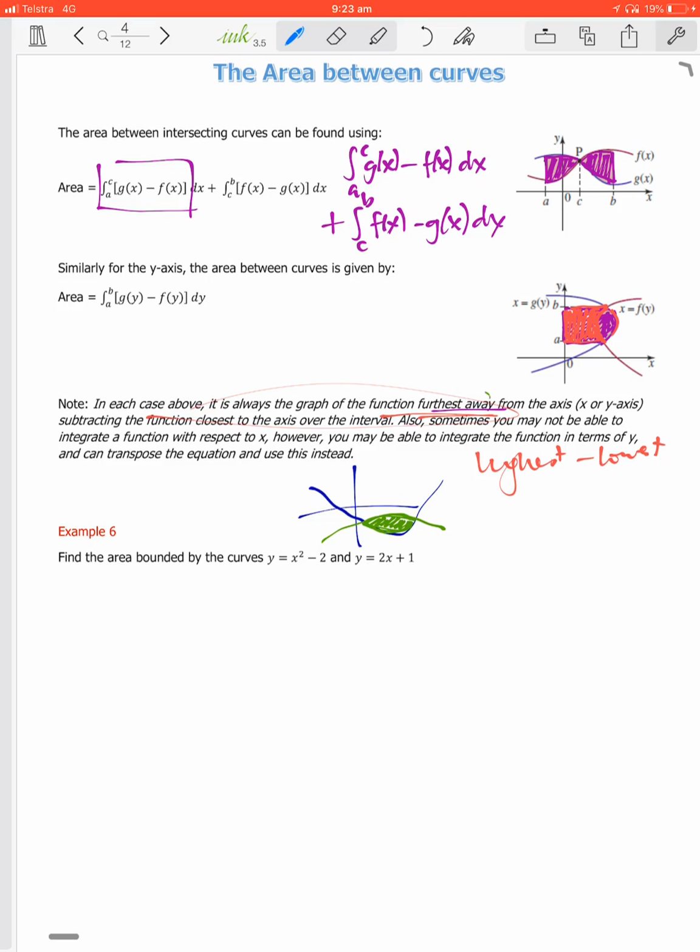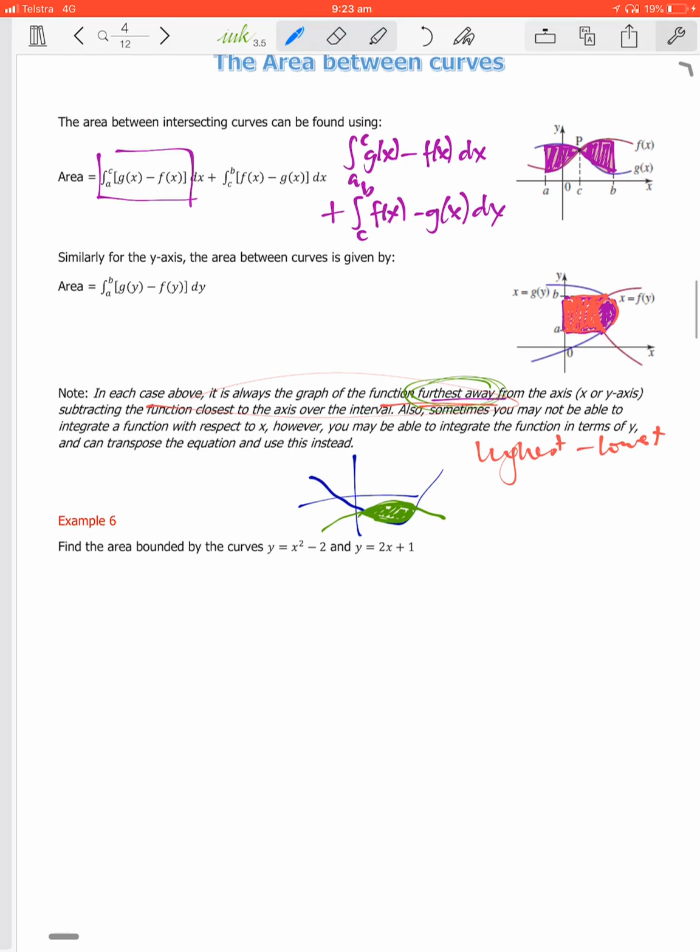So it's not the one that's furthest away, it's the highest value on the domain minus the lowest. If it's in terms of the y-axis, it's the one that's higher, which is to the right, minus the one that's lower, which is to the left. That'll give you the area in between.